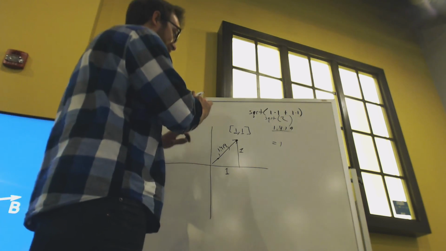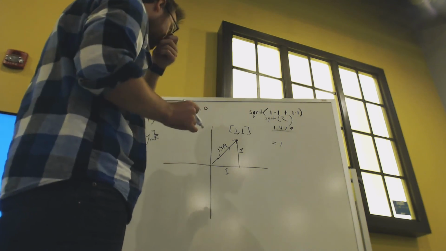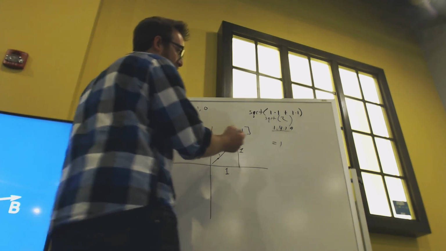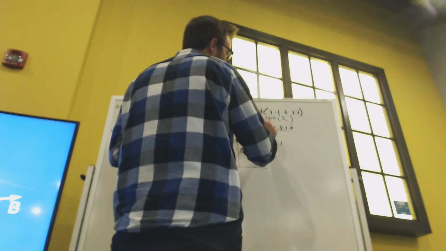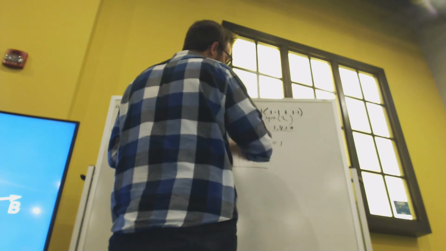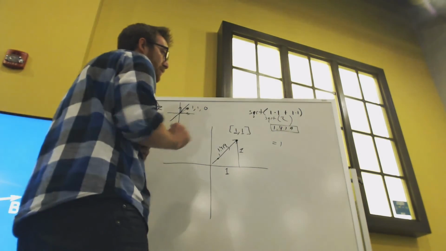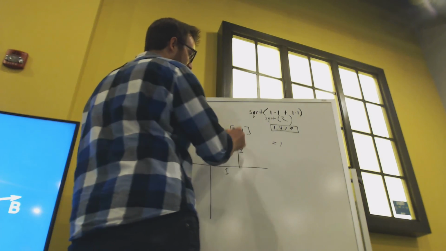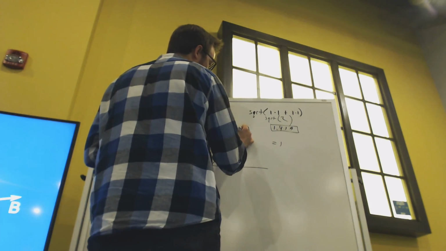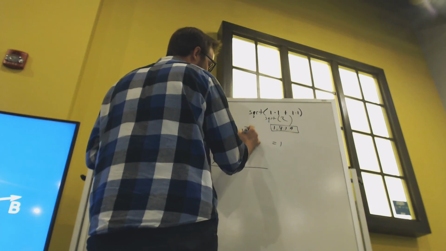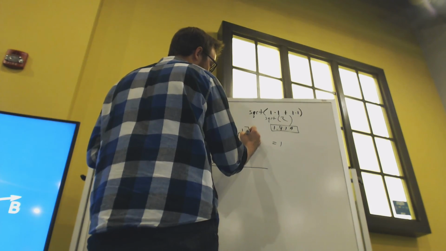So let's figure out how we get to that point of normalizing it. And it's pretty easy. You just take whatever the length of the vector is, which we already found was 1.414, and then you divide each component in the array by the length.